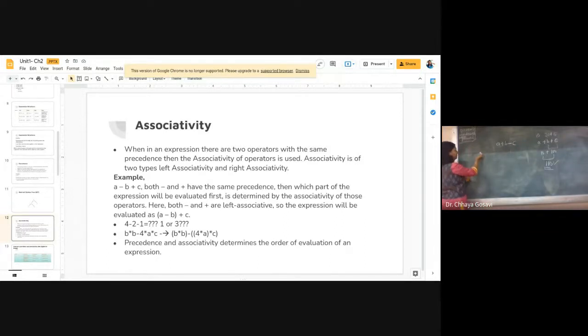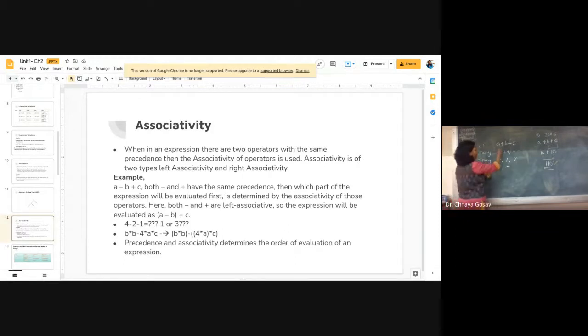Note that precedence is always higher for unary operators. Unary operators have the highest precedence. Then binary operations. Unary minus and plus. Then binary operators star, slash, and mod. Then the next binary operators are addition and subtraction.